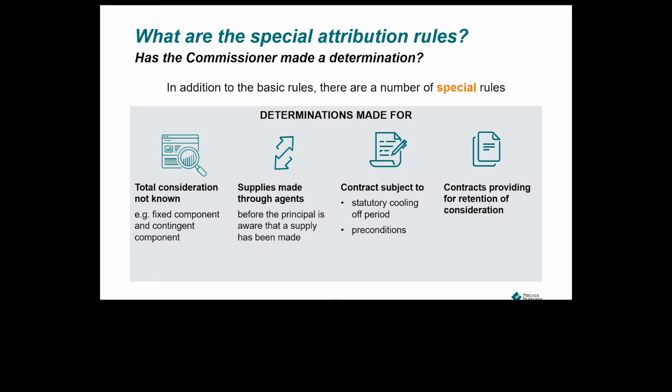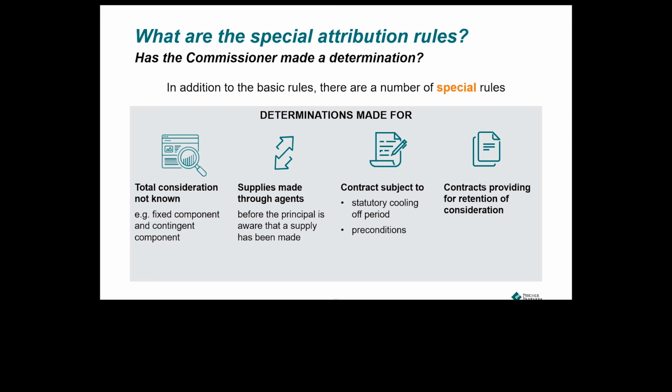So where the relevant hurdle is met and you then become entitled to the additional part of the price, for example, at that point you would be required to attribute for GST purposes the remaining part of the GST on that component of the consideration.